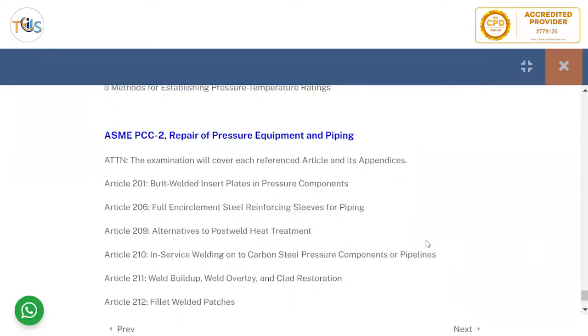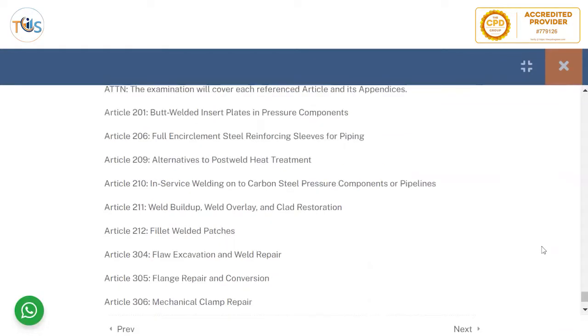And then finally, it covers the repair of pressure equipment and piping, and pressure components, repair of them, alternative to post-weld heat treatment, the preheat, control the deposition of the weld, CDW.